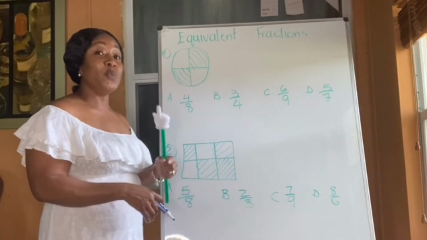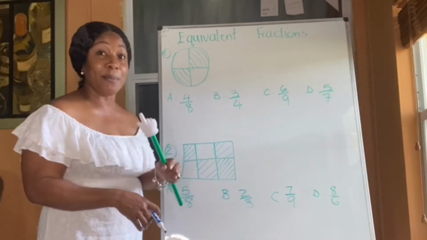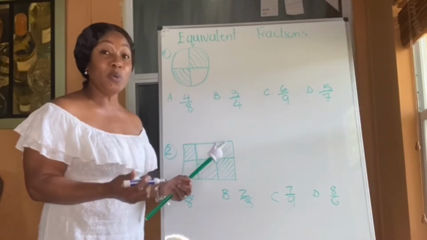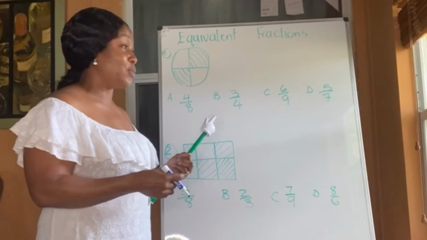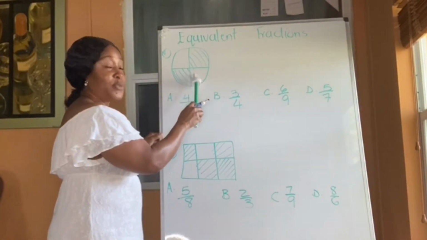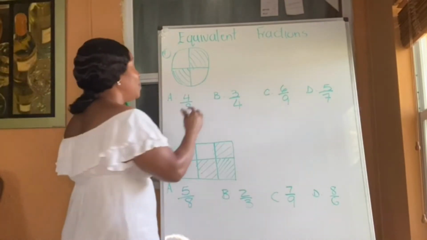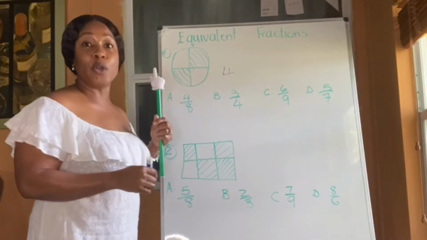Remember, when we name fractions, the denominator, or the bottom number, tells us how many equal parts the figure is divided into. So here we have 1, 2, 3, 4 equal parts. So our denominator is 4.